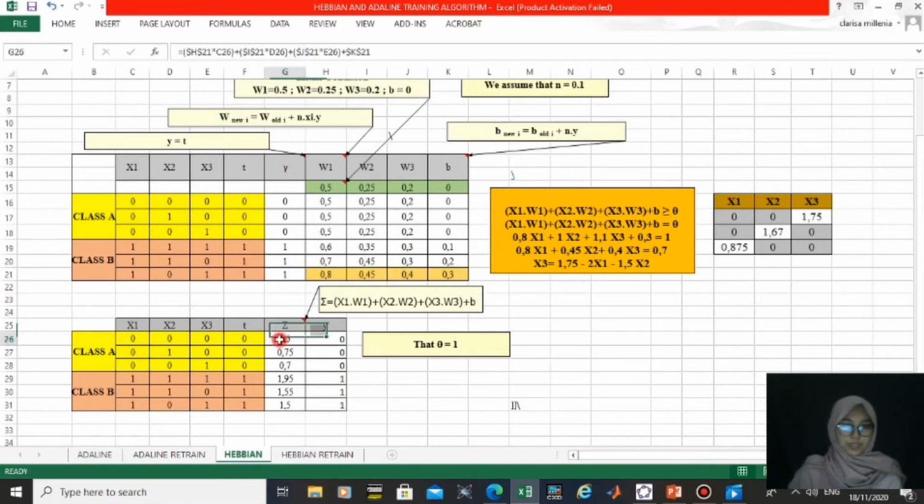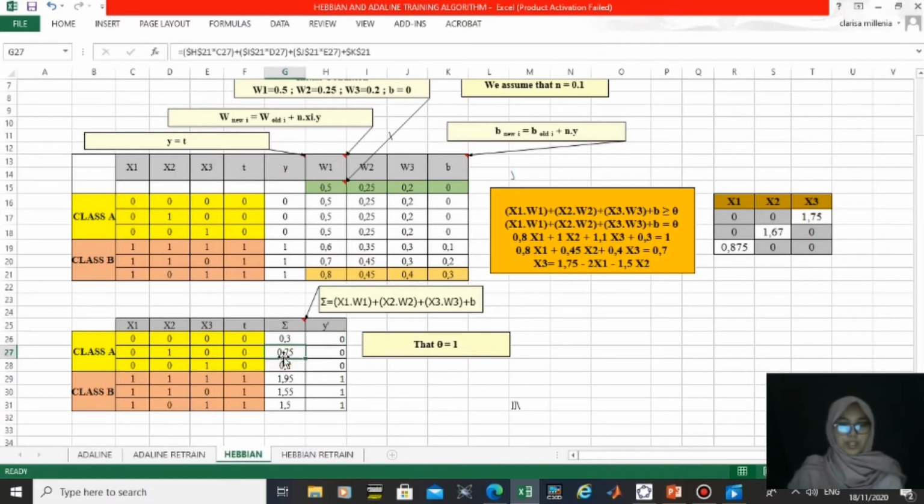So if we have 0, 0, 0 for the input, we can put this input into this formula, and we get the summation value of 1.23. So 1.23 is lower than theta, so y prime is 0.